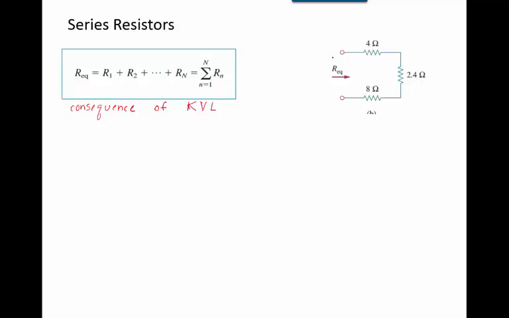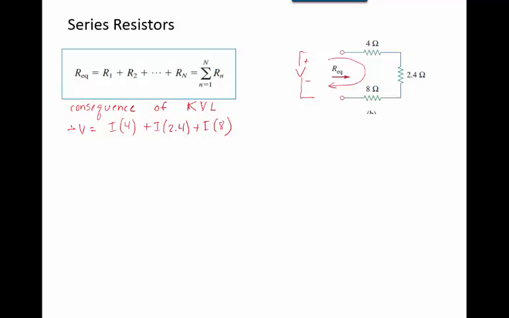So there's a voltage here. If I apply Kirchhoff's voltage law around this loop right now, I would say minus V equals I times 4 plus I times 2.4 plus I times 8.